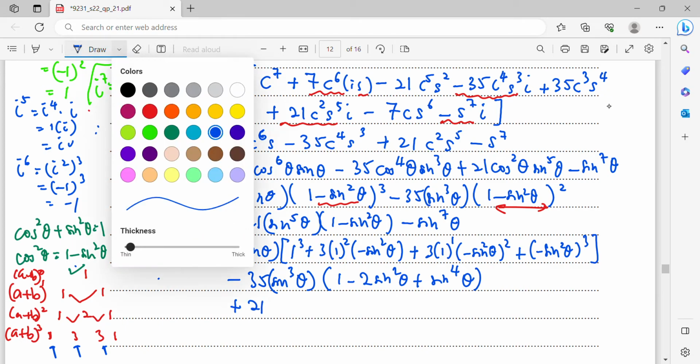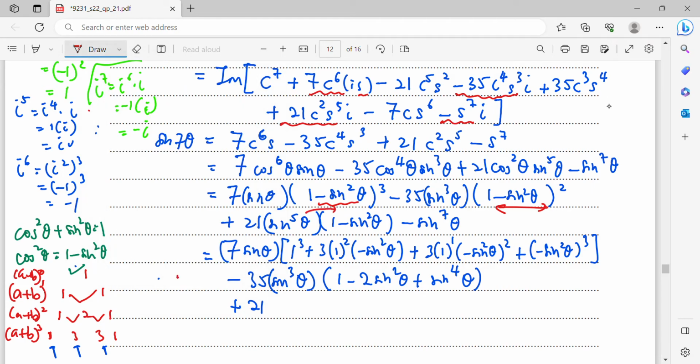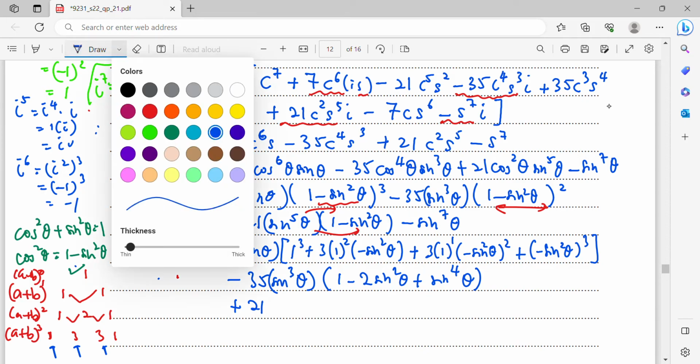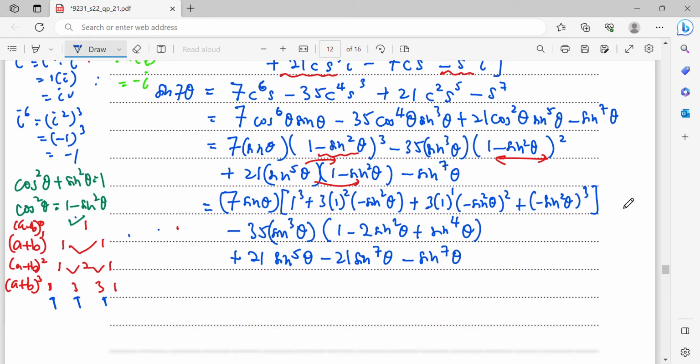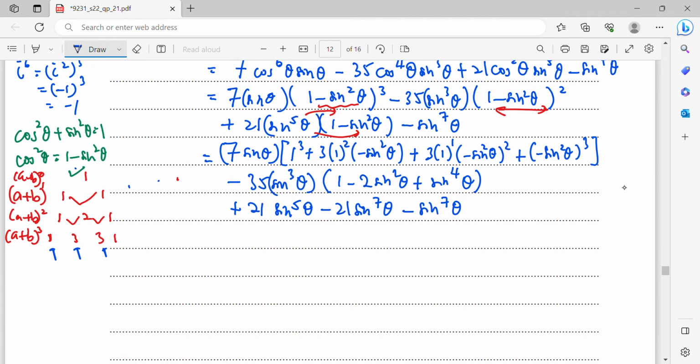Here you can just do direct expansion. So I will get 21 sine^5 theta times 1 is sine^5 theta. Then 21 sine^5 theta times negative sine squared theta will be negative 21 sine^7 theta. Then lastly, negative sine^7 theta. Okay, now you need to simplify.